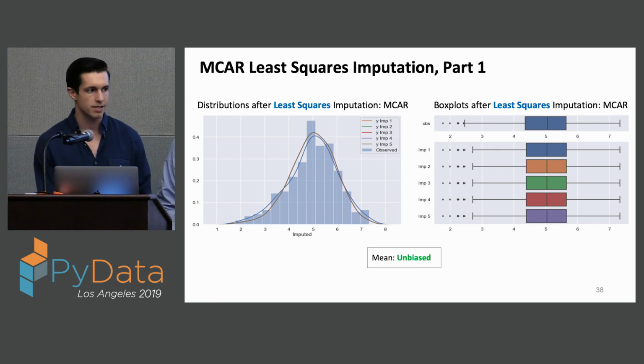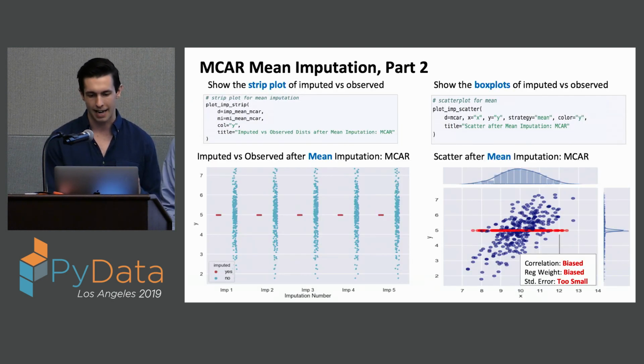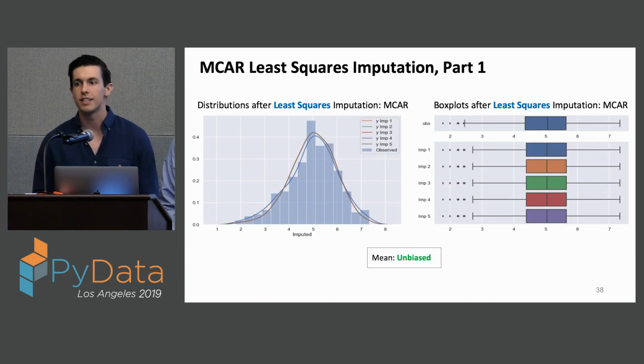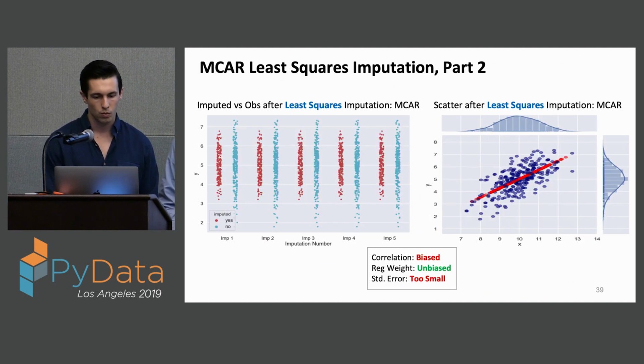So least squares makes some improvements. In mean imputation, X is completely disregarded, with no relationship with Y. Least squares at least considers that relationship by imputing values based on the line of best fit between Y and X. In the case of MCAR, we'll see that least squares imputation leads to an unbiased regression.